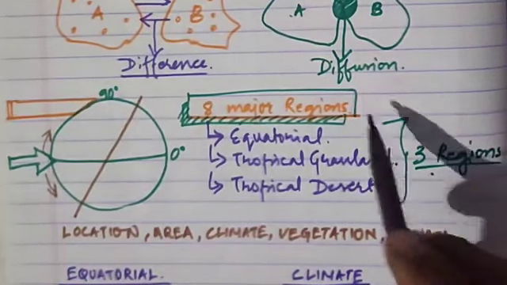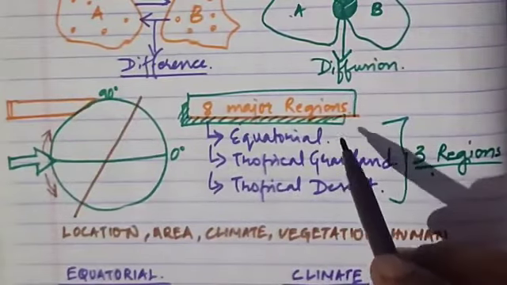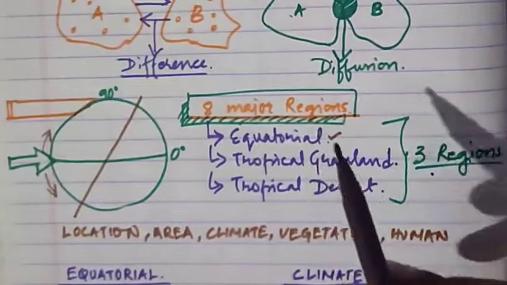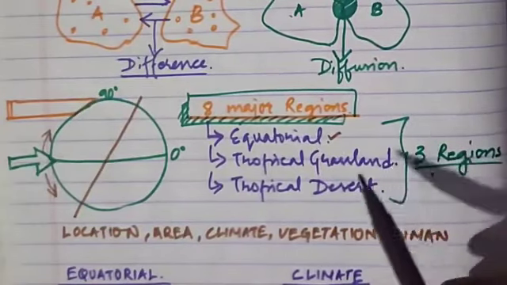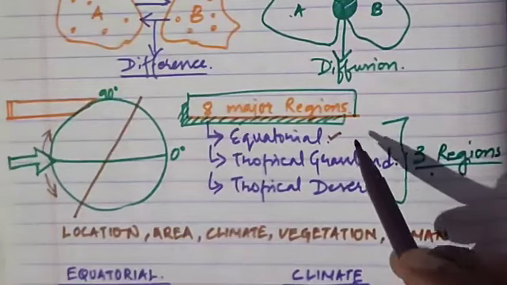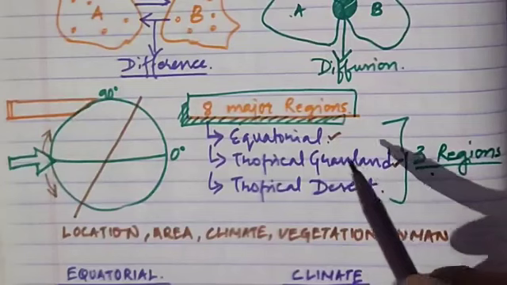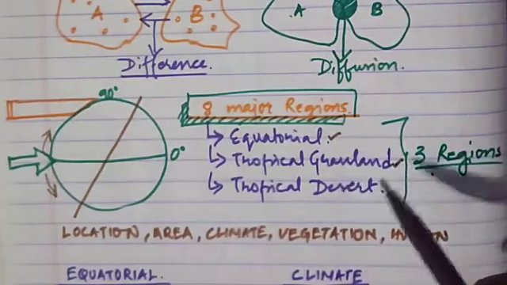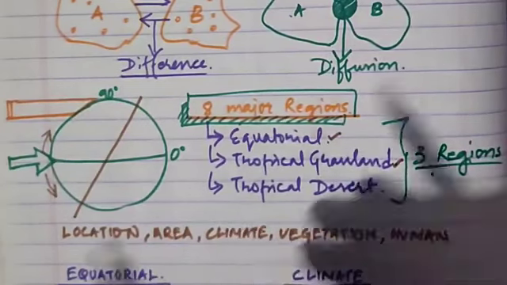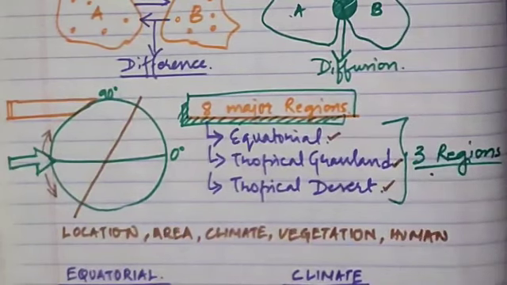So in these 3 different regions, the equatorial regions are completely different from the tropical grasslands. The climate, the human adaptation and vegetation are totally different from tropical grasslands. And the grasslands and equatorial region again have vast differences in characteristics from the tropical desert areas.